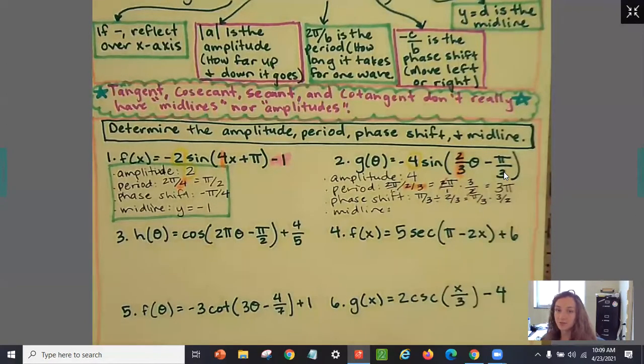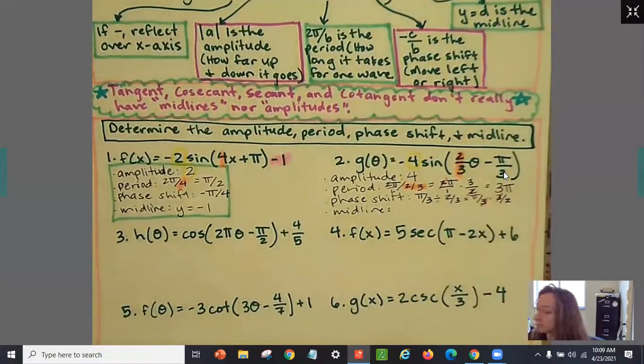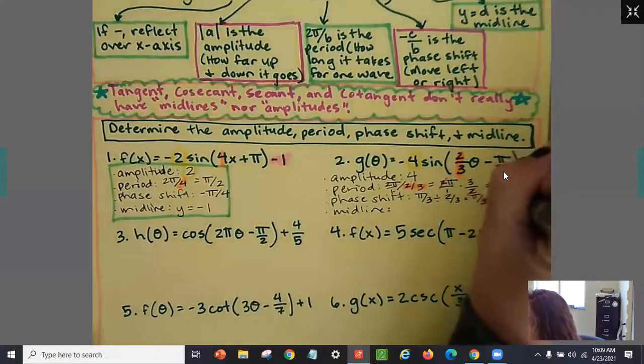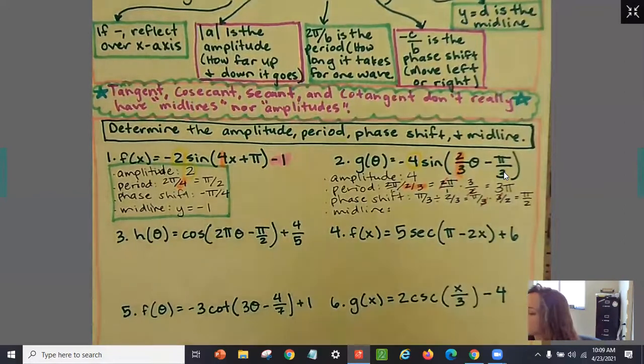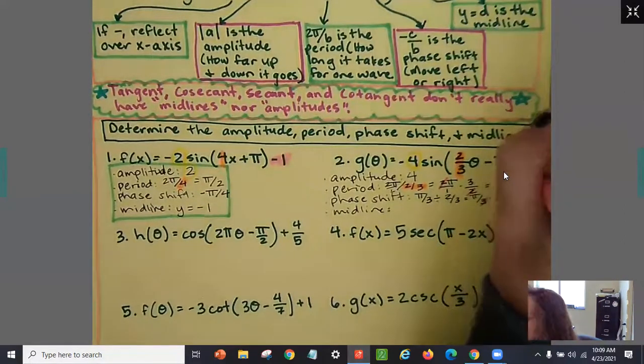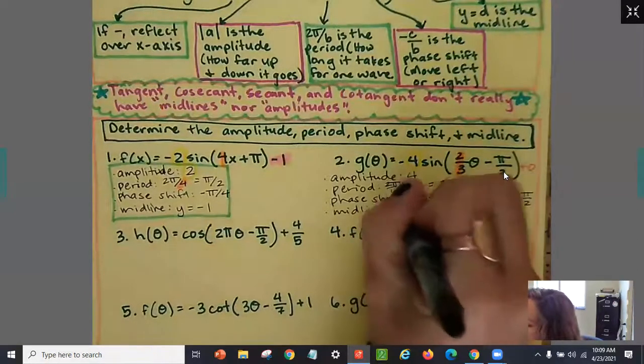We do have a 3 in the numerator and the denominator, so those are going to cancel out, and we're going to get pi divided by 2. And for the midline, this is just going to be the number on the end, but here there is no number on the end. It's just +0. So that means that our midline is going to be y equals 0.